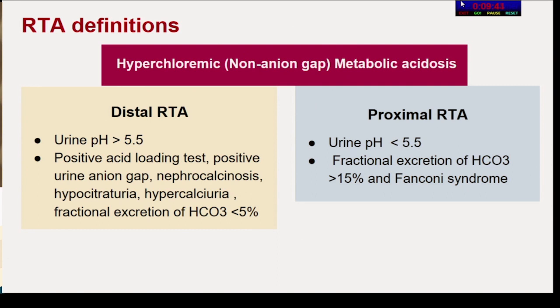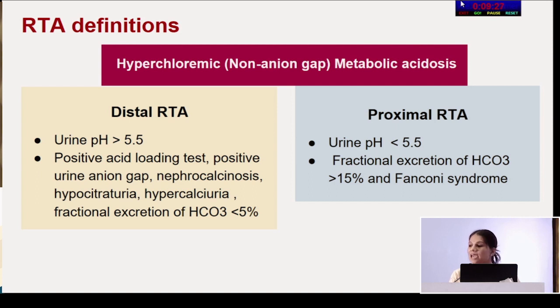Now, coming to the definitions used for renal tubular acidosis, we know that both distal and proximal RTA are characterized by hyperchloremic non-anion gap metabolic acidosis. Distal RTA is characterized by urinary pH more than 5.5, whereas proximal RTA is characterized by urine pH less than 5.5. In case this was not mentioned, I looked at other additional findings to support the diagnosis of distal or proximal.